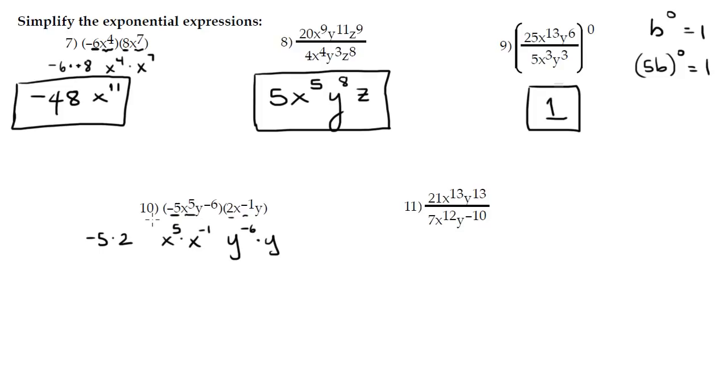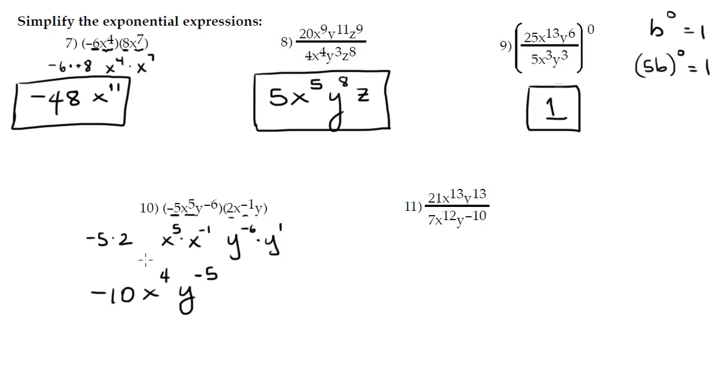I can do that because I'm multiplying everything here. That's called the commutative property. I can move these terms around and multiply them together. So negative 5 times 2, that's negative 10. My new power for x is 5 minus 1, that's 4. My new power for y is negative 6 plus 1, which is negative 5.